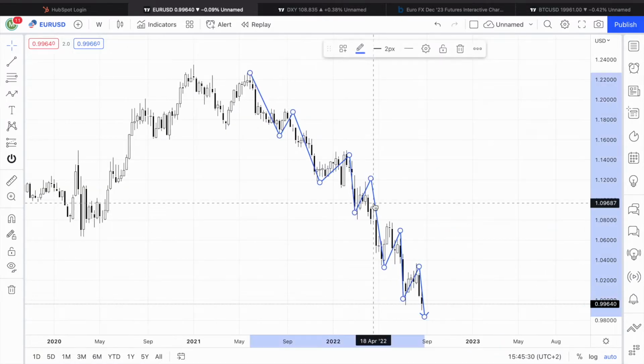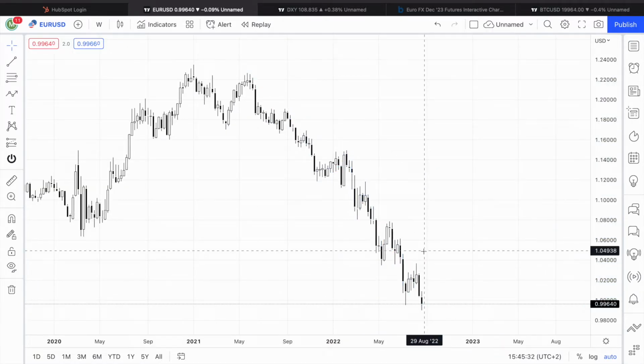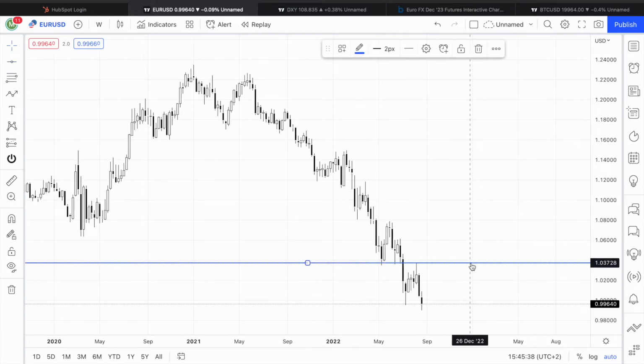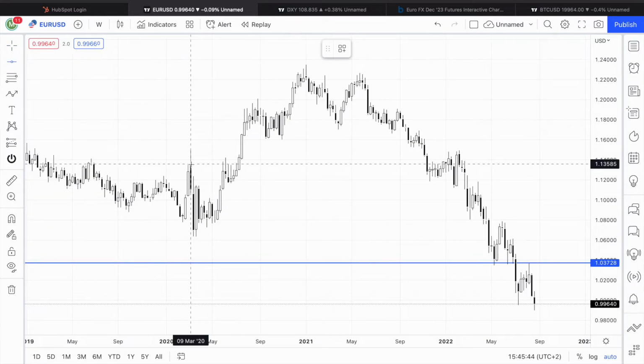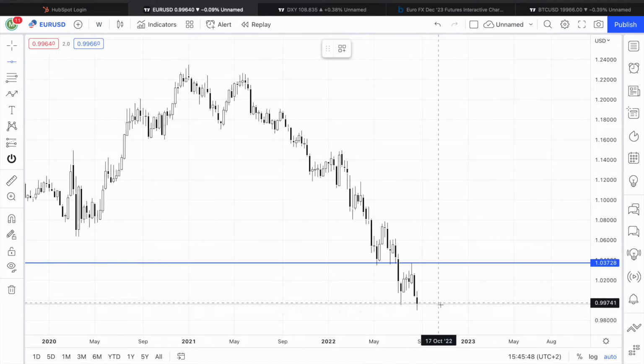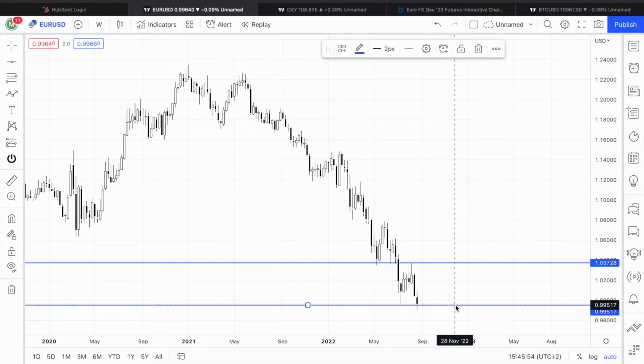So let's identify the trading range that we're currently trading in. This is the current range, from the previous market structure to the low of this range.